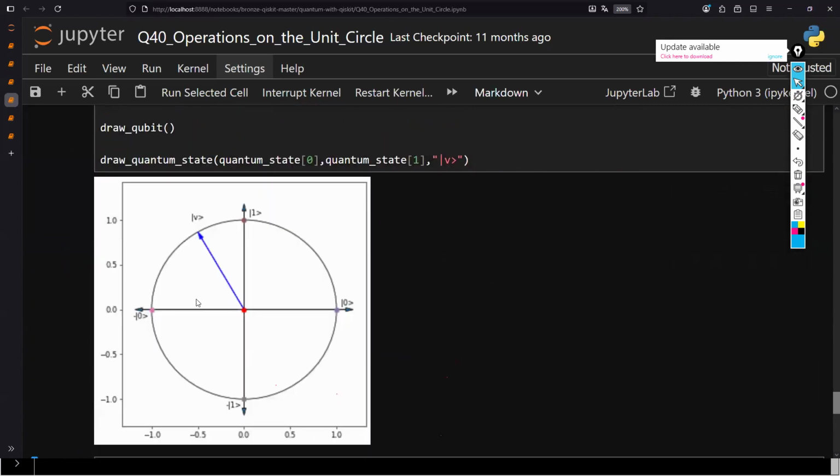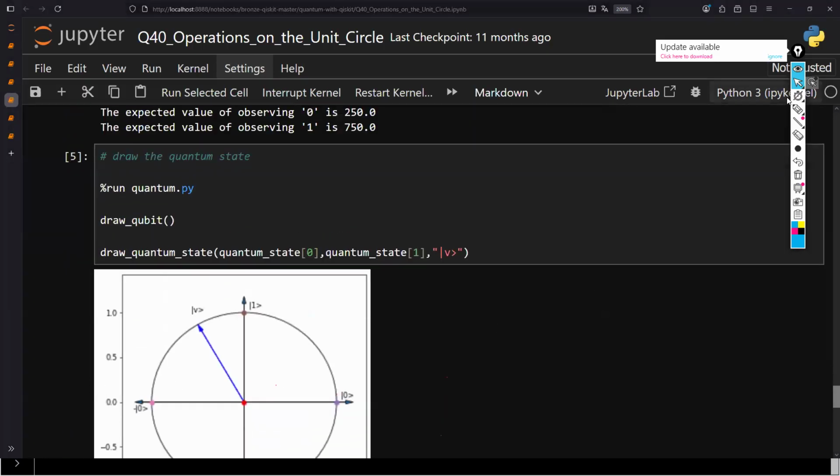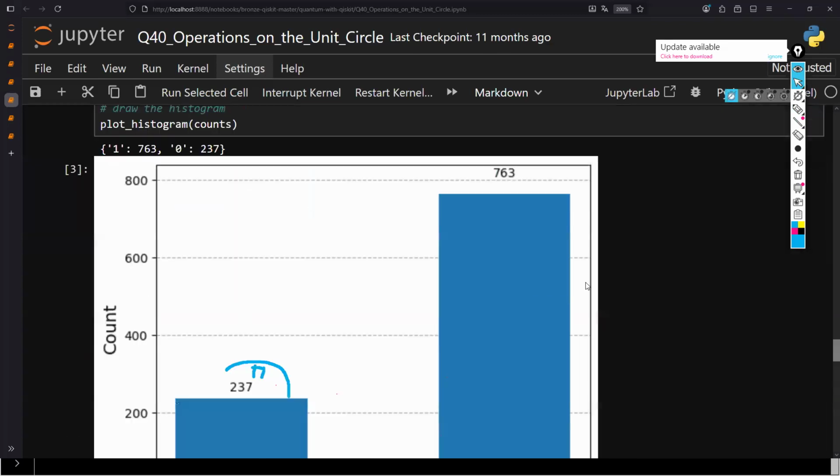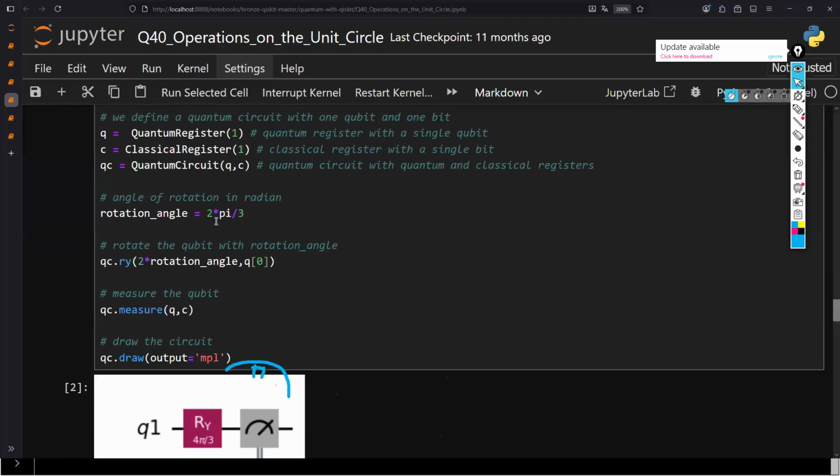So pi over 3 would be this angle, right? This would be 2 pi over 3. Am I actually right? Where was this? 4 pi over 3.